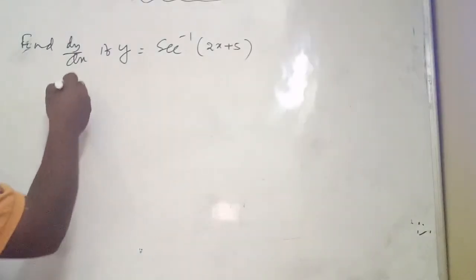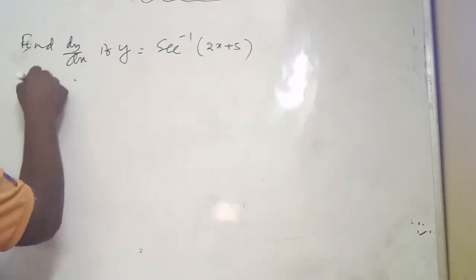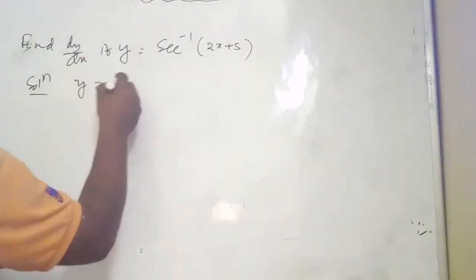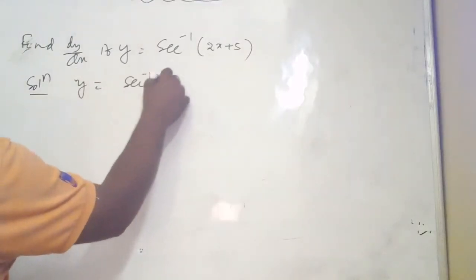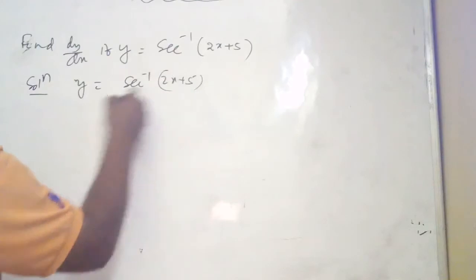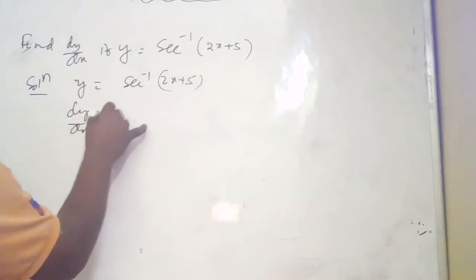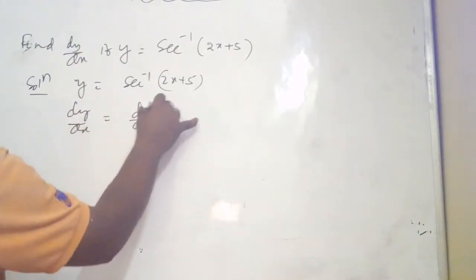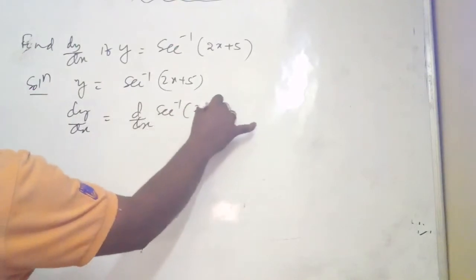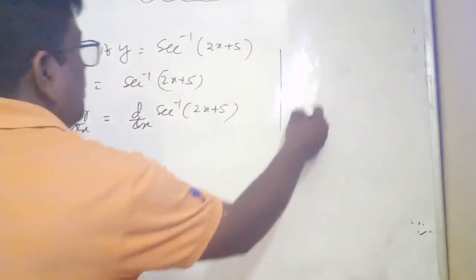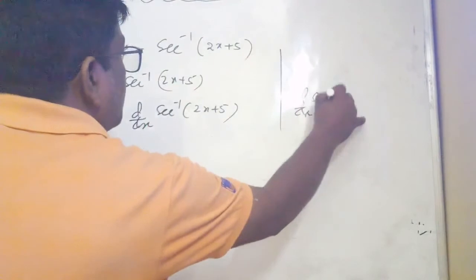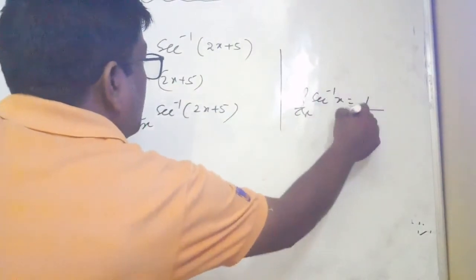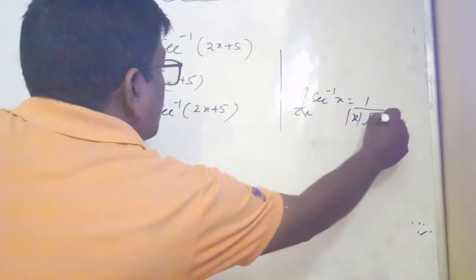So dy by dx. Solution: y is equal to sec inverse of 2x plus 5 and dy by dx is equal to d by dx of sec inverse of 2x plus 5. We know d by dx of sec inverse x is equal to 1 by mod x into root over x squared minus 1.